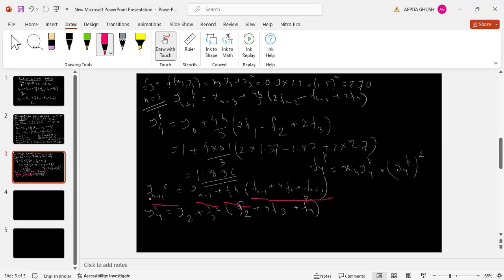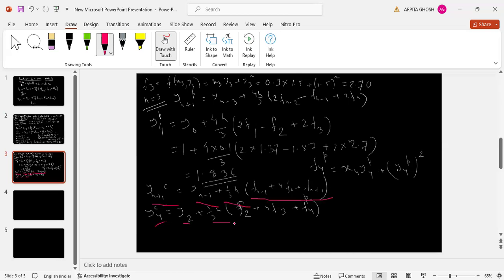So if we put n equal to 3, this will be y4 corrector equal to y3 minus 1, that is y2. Y2 is given, plus 1/3 h. No problem because h is also known to us, so we can put this 1/3 h.